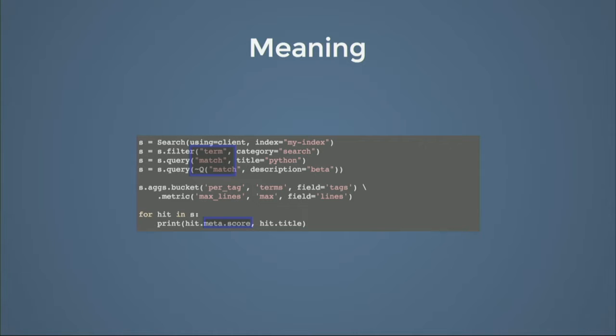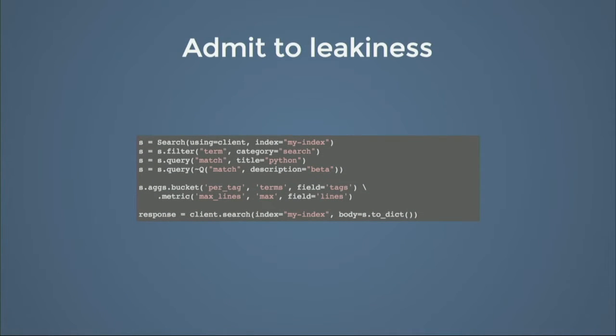And also, it's good to fully admit to the leakiness. So in this case, still showing all the different query types, all the different aggregations. You see that I still force the users to name their aggregations just as they would in the query DSL, so they can then get them back in the results.